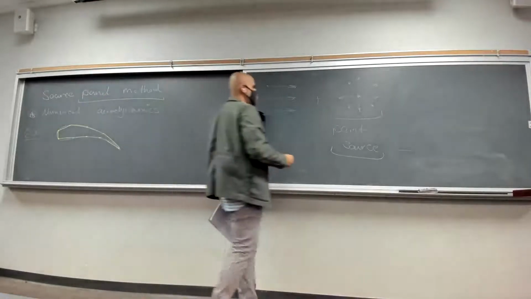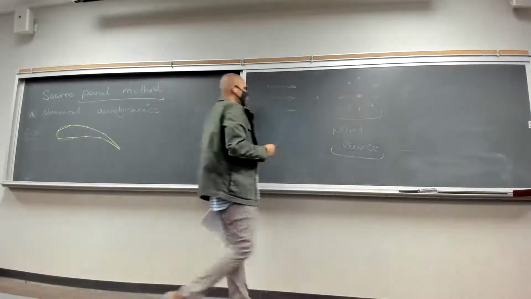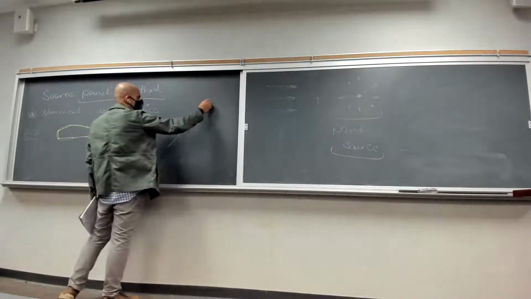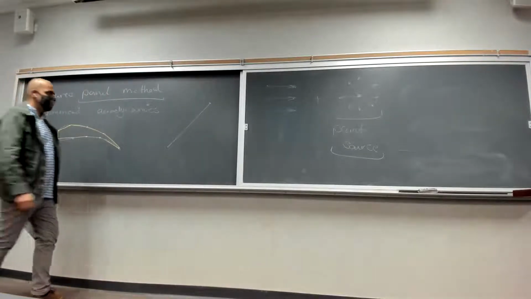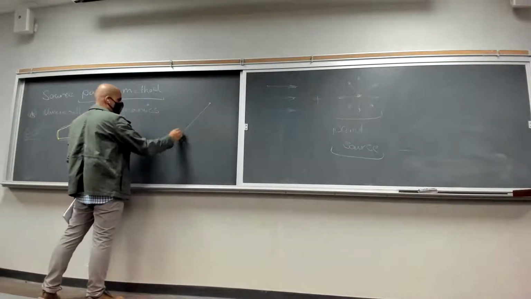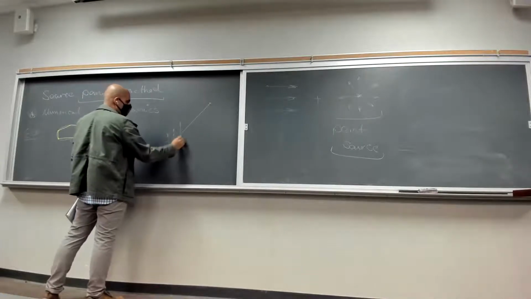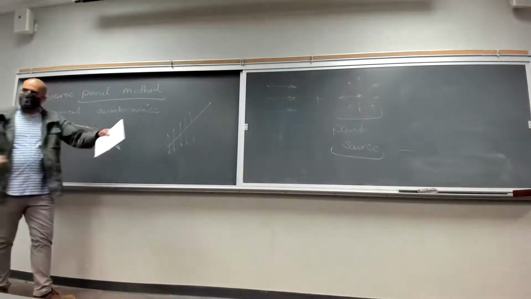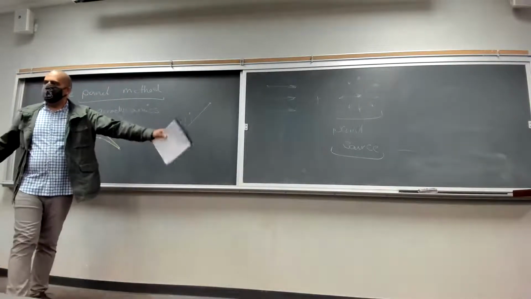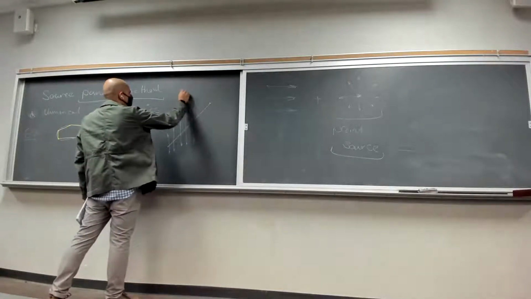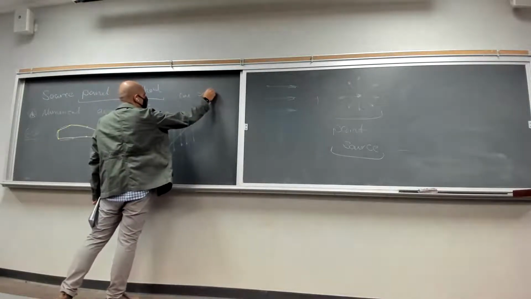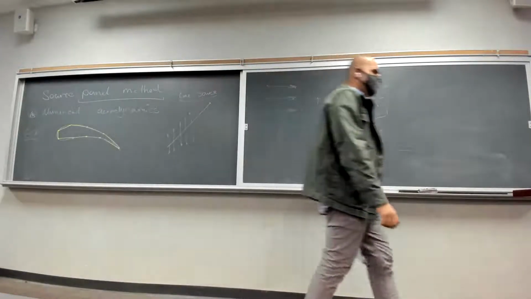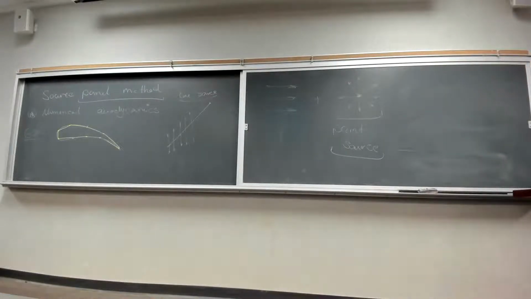Instead of having one point as your source of the flow, we are going to have a line as the source of the flow, which essentially works like this. We are going to extrude this point to give it some length. That's the idea. So this is a line source compared to a point source.